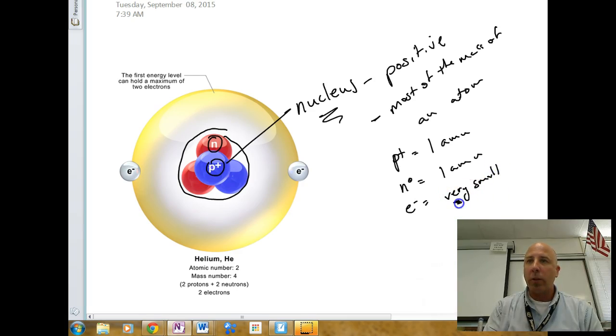So when you lose or gain electrons, it really doesn't affect the mass. When we lose neutrons, it definitely does affect the mass. And if we change protons, we're going to find out soon that changes who the atom is. So the takeaway is that most of the mass in the atom comes from the nucleus, and it's positively charged. We also say it's very dense.